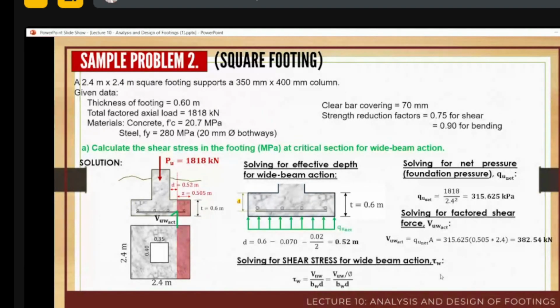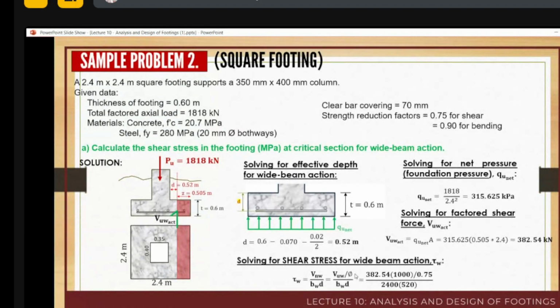Okay? So therefore, we have the factored shear force, but the question is shear stress. Since we have the shear force, the shear stress is simply the nominal shear force divided by bw times d.